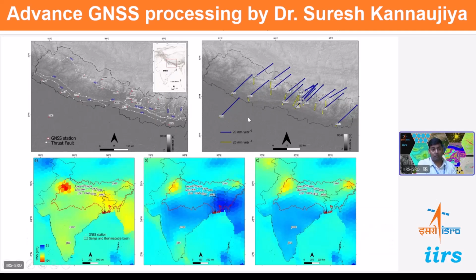This is another case study giving information about how hydrology is present and how hydrology affects the accumulation of strain because of the perturbation of the plate motion. You can see here in these three seasons how the variation of the mass contribution affects the movement of the plate.